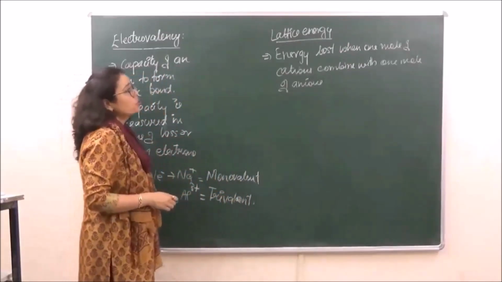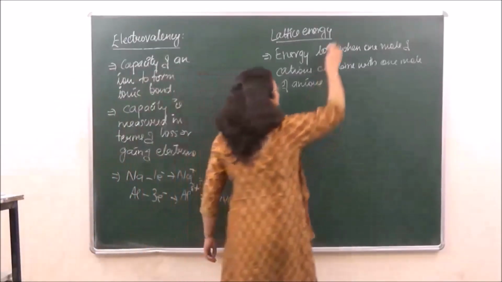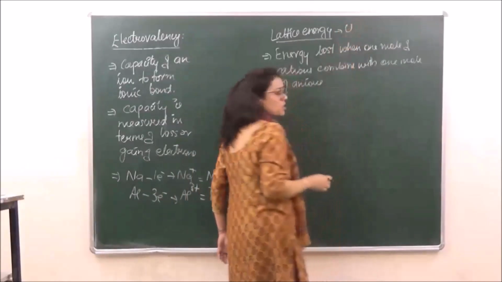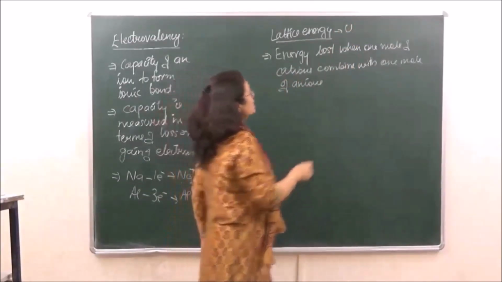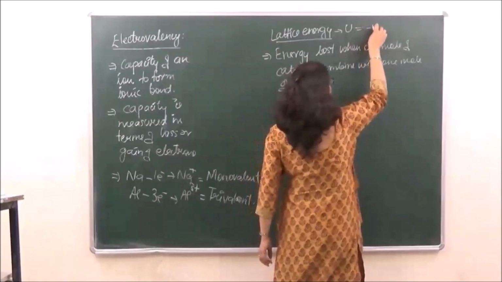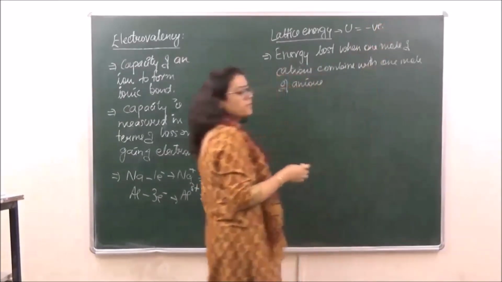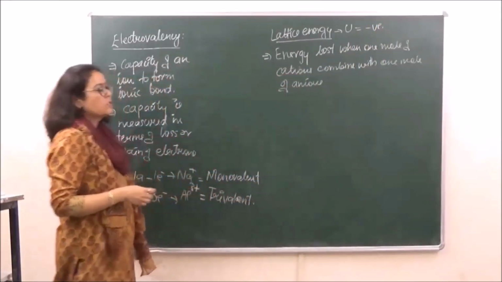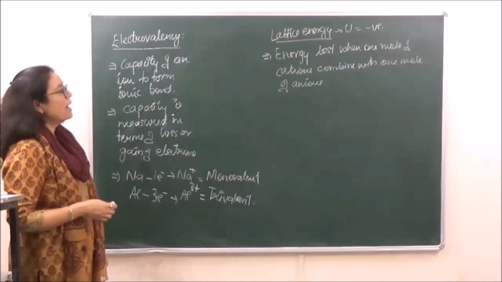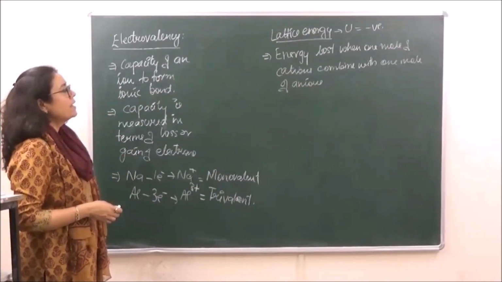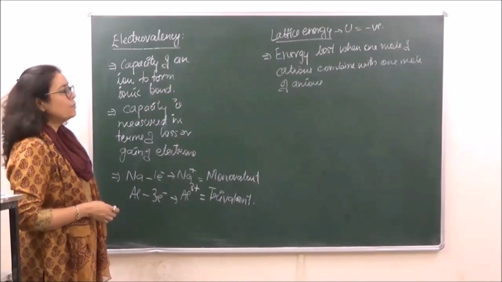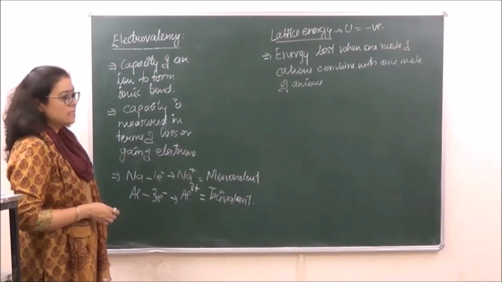So what did we also say? That we can represent lattice energy by U, and lattice energy is the energy released, so it is a negative entity. Okay, because it is the energy lost when 1 mole of cations combine with 1 mole of anions. It is the energy released.